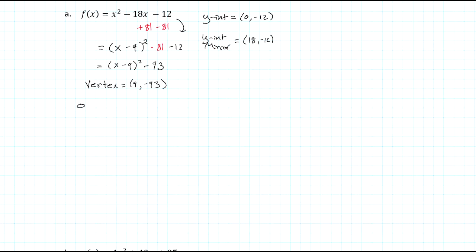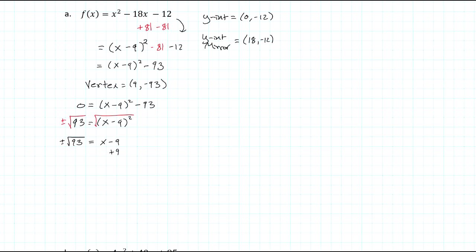The x-intercepts, I'll set 0 equal to x minus 9 quantity squared minus 93. You can add the 93 to the other side. 93 equals x minus 9 quantity squared. I'll take my square root of both sides, not forgetting the plus or minus when I do so. So we get the plus or minus square root of 93 equals x minus 9.